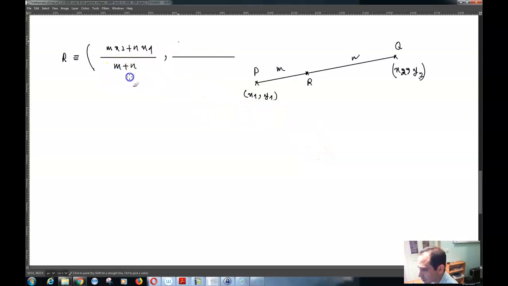So we want to find a point lying on the, you need to pay attention to the words here, extended line AB, or line segment AB, outside of the segment AB, such that AC to CB is equal to 3:1. This is the ratio.